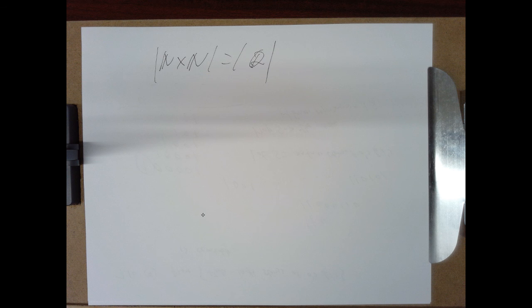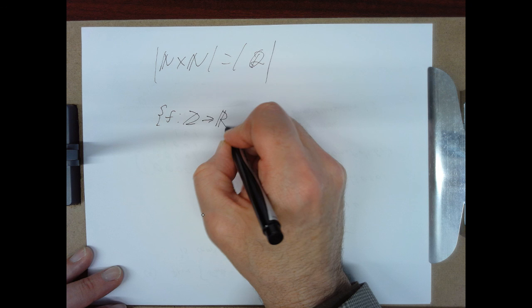So what about the set of all functions on integers? Prove that that's an uncountable set. So the set of all f from integers to any real number. Is that uncountable?